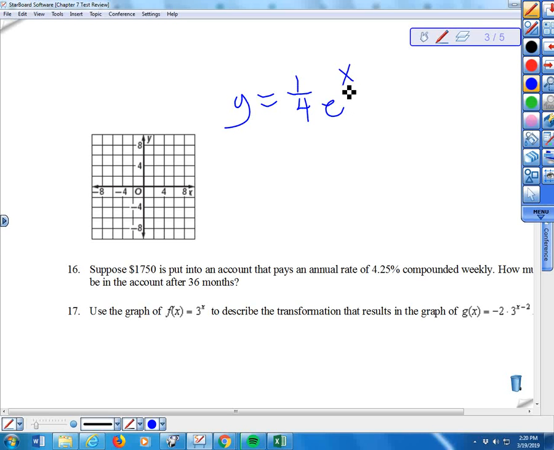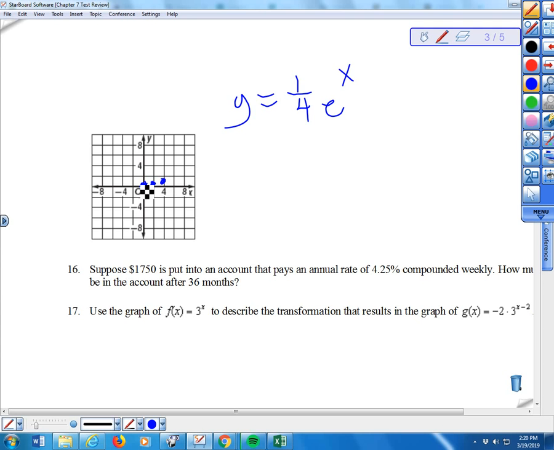When x is 0, y is 1/4, which is 0.25. So it's getting a little bigger as it goes. When x is 2, I got 1.7. When x is 4, e to the 4th divided by 4 is just e, so it's 2.7.